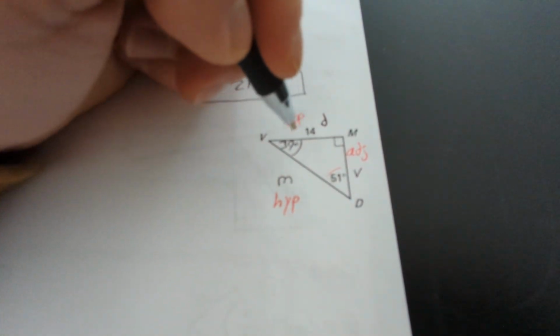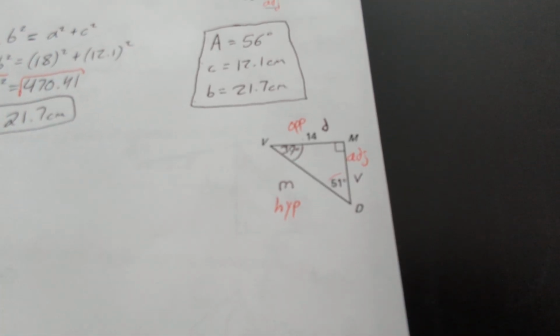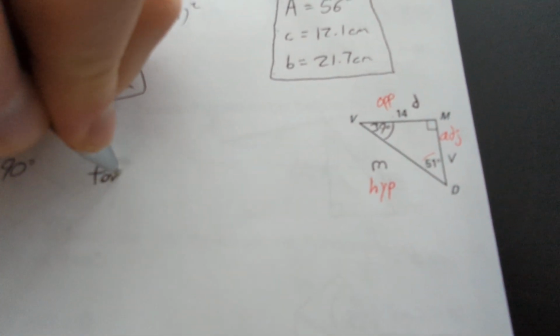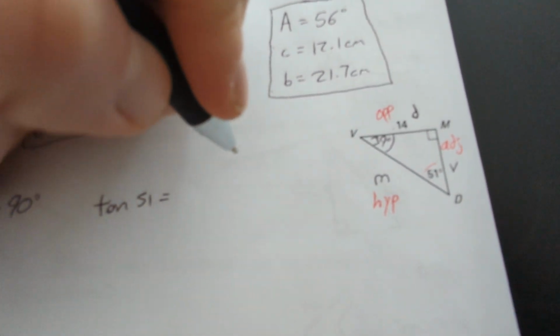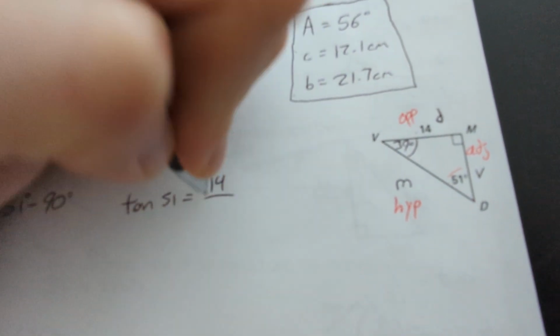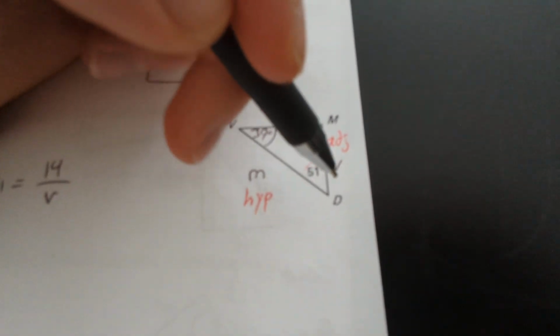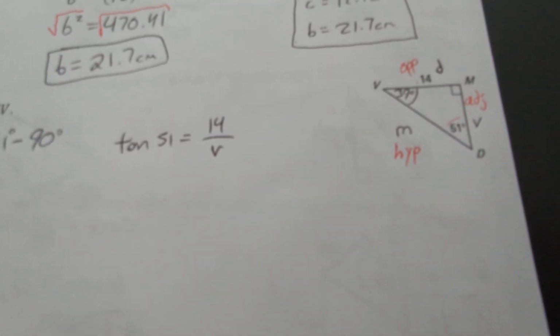We know opposite, so we need to use opposite and adjacent. Opposite and adjacent is tan again. So tan 51 equals opposite, which is 14, over adjacent, which is small v. So that's how we get this equation.